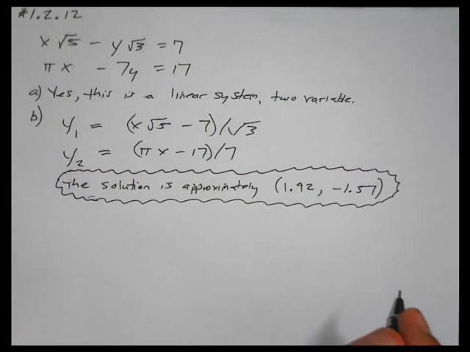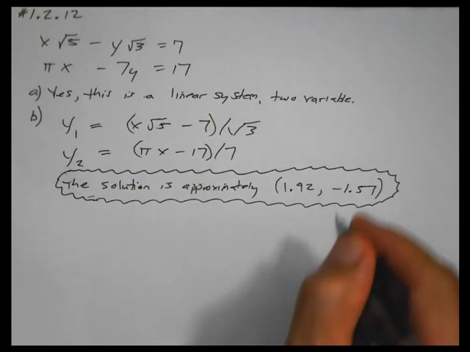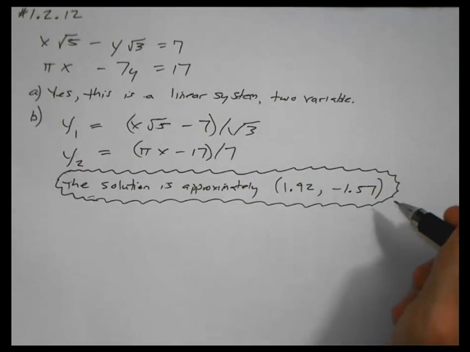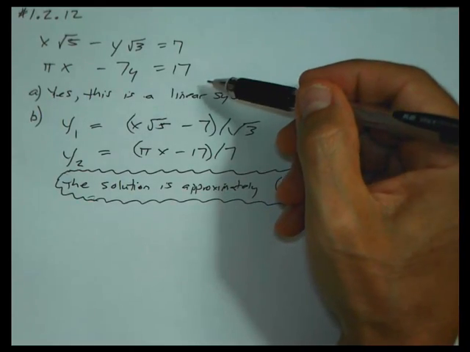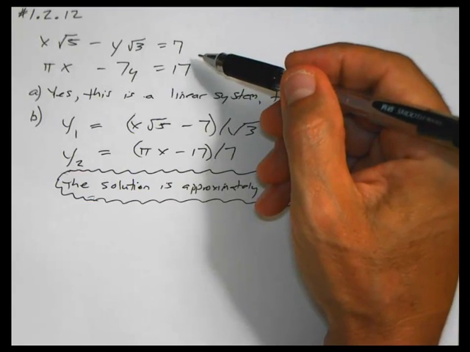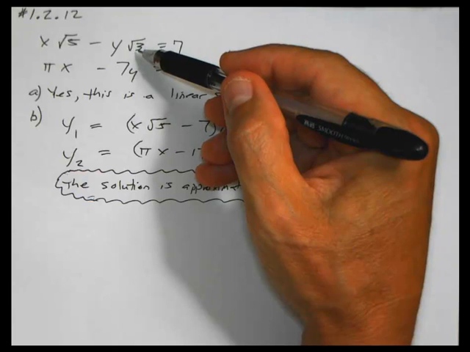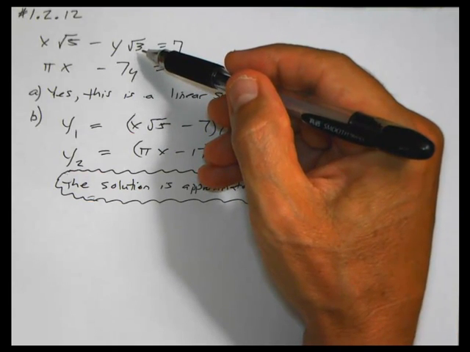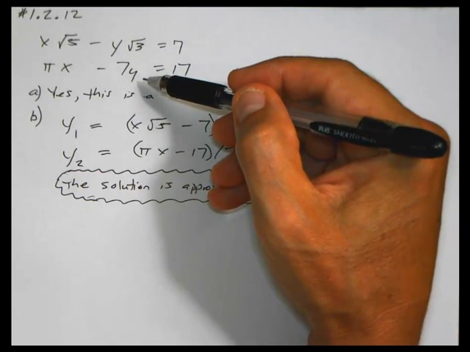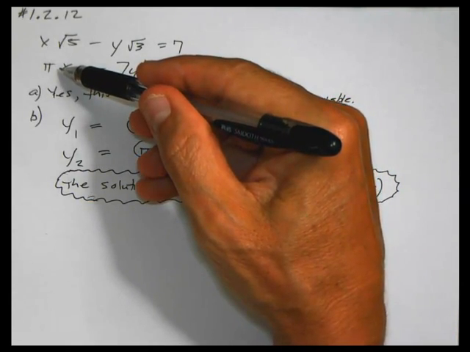Now we have some explaining to do because we did not provide exact solutions here. The calculator didn't seem to. Let's think about how we could explain this. Let's go back to these original equations here. Now, in this case, look at these coefficients. Square root of 5, square root of 3. Those are both irrational. And then in the second equation, there's this pi. Pi is famous for being irrational as well.